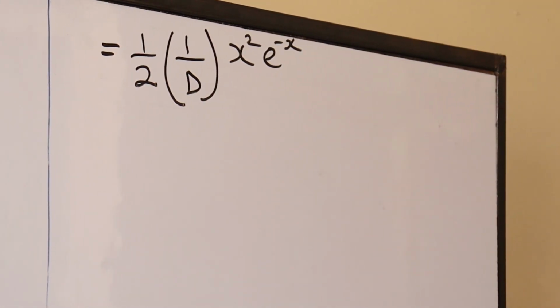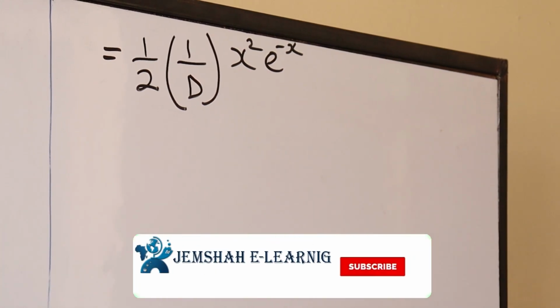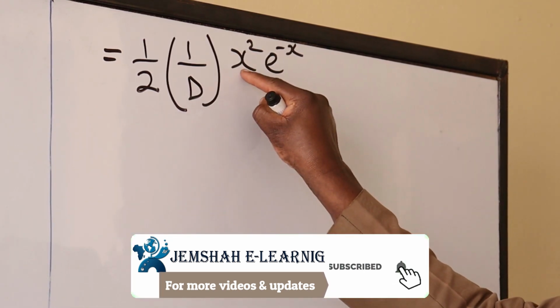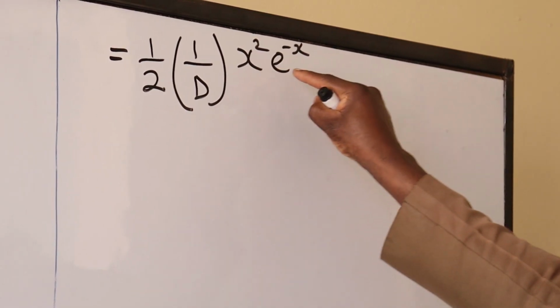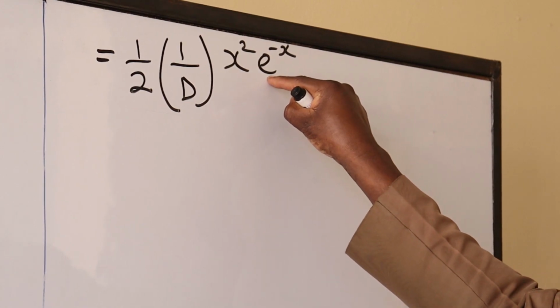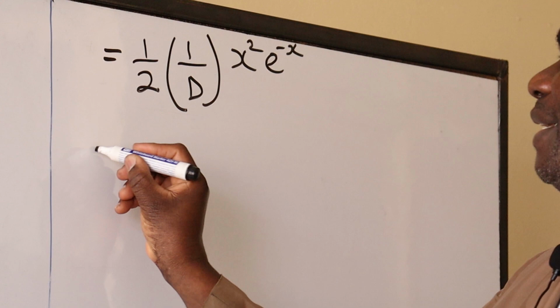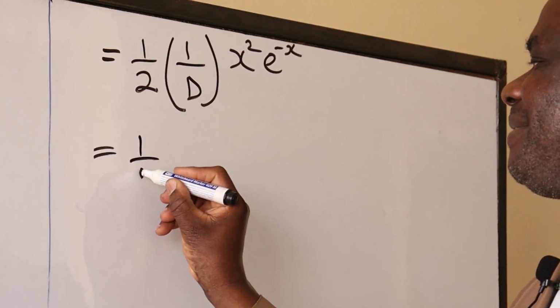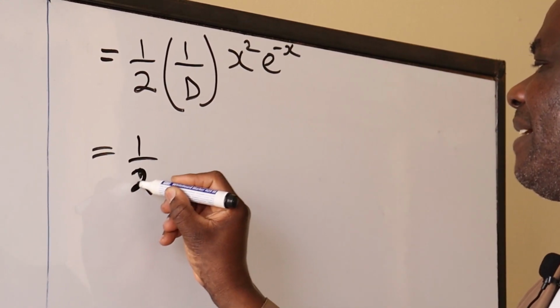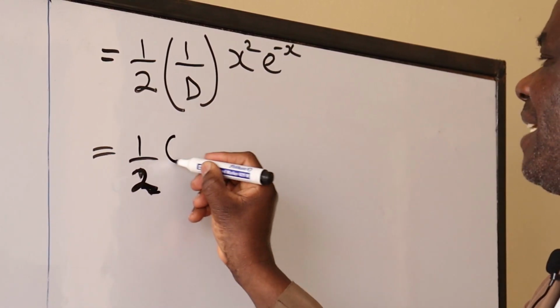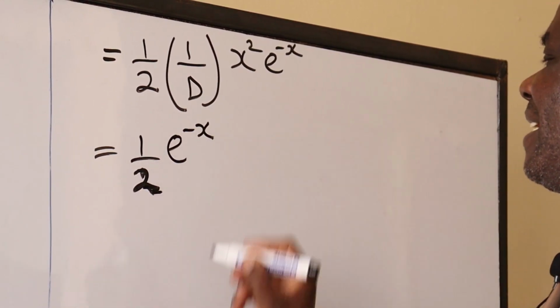From here we can also use theorem 2, because this is a function of x. Now multiplying an exponential, we can use theorem 2. So this will be equal to a half, then this one passes, exponential minus x.